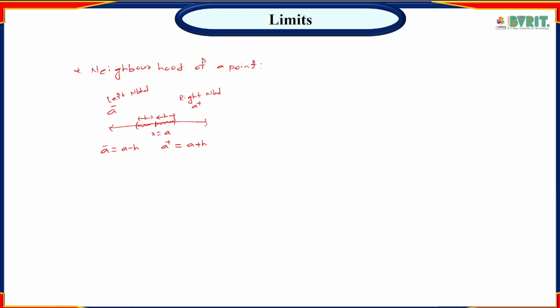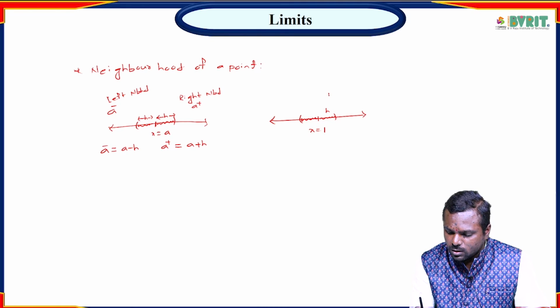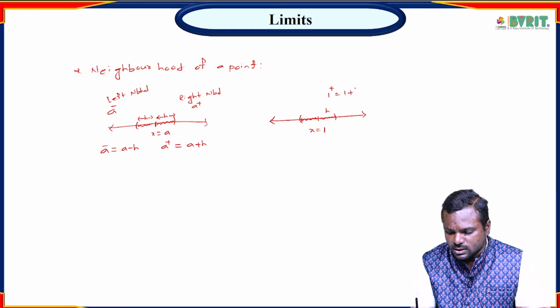Similarly, taking another real line. This is a real line at x is equal to 1. This is some h, and this is also h. Here the right neighborhood is called 1 plus, that is equal to 1 plus h.